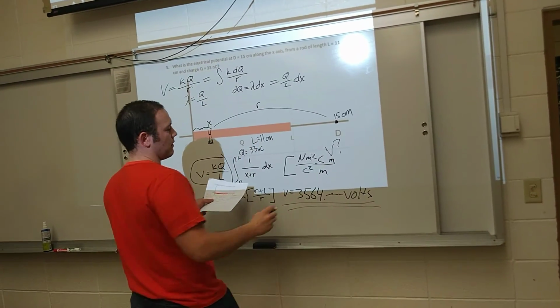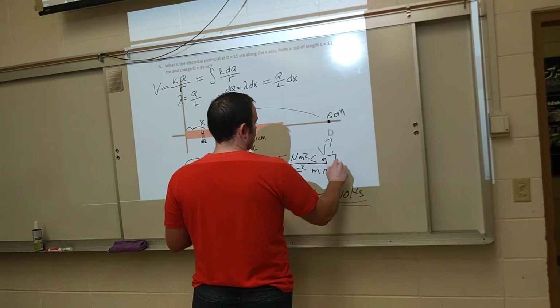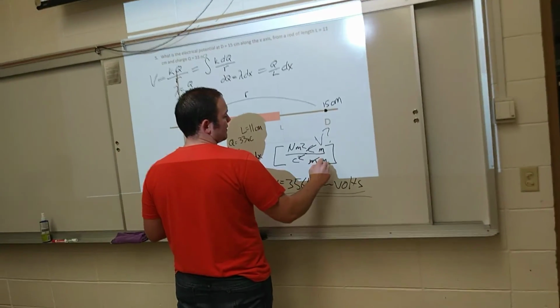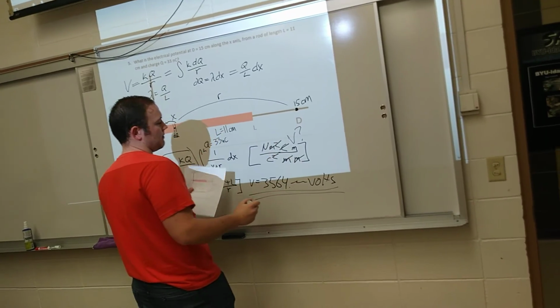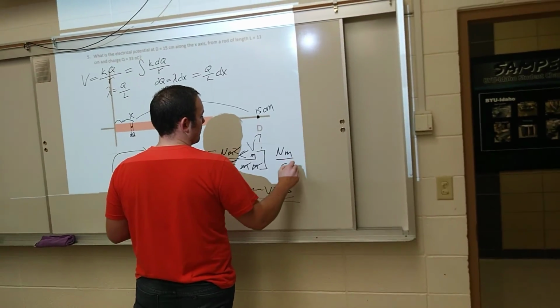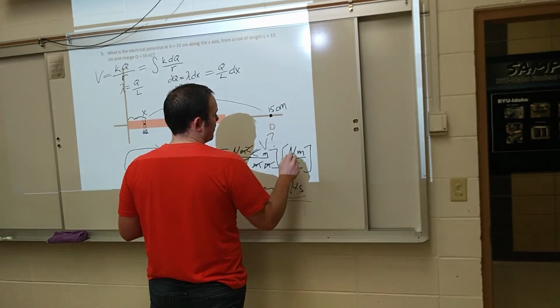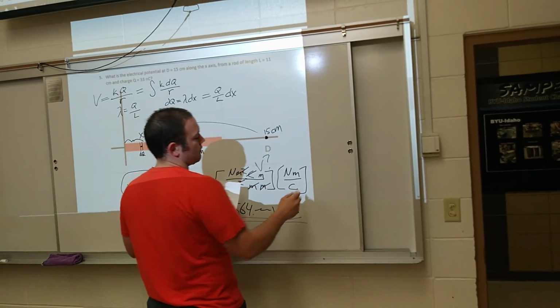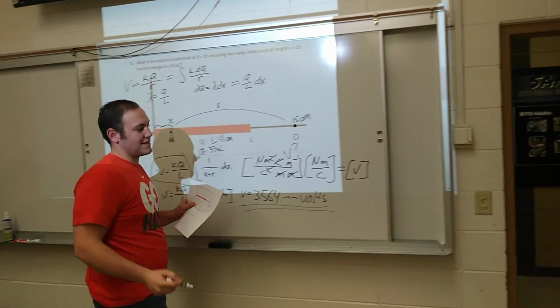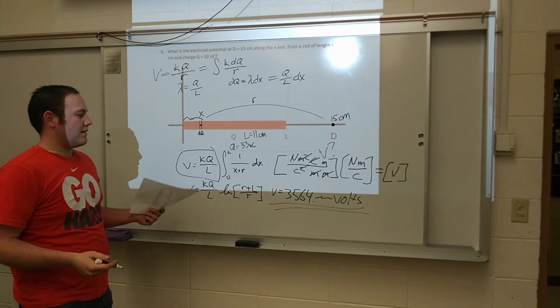And x plus r will also be in meters. So if we cancel things out, we have 1 coulomb that cancels, we have 2 meters on the bottom that cancel with the meters squared, and then we have Newton meters per coulomb, and we know that a Newton meter is a joule, so it's a joule over a coulomb, which is equivalent to a volt. And I'm pretty sure you can't see that, but it is in volts, and that's your final answer.